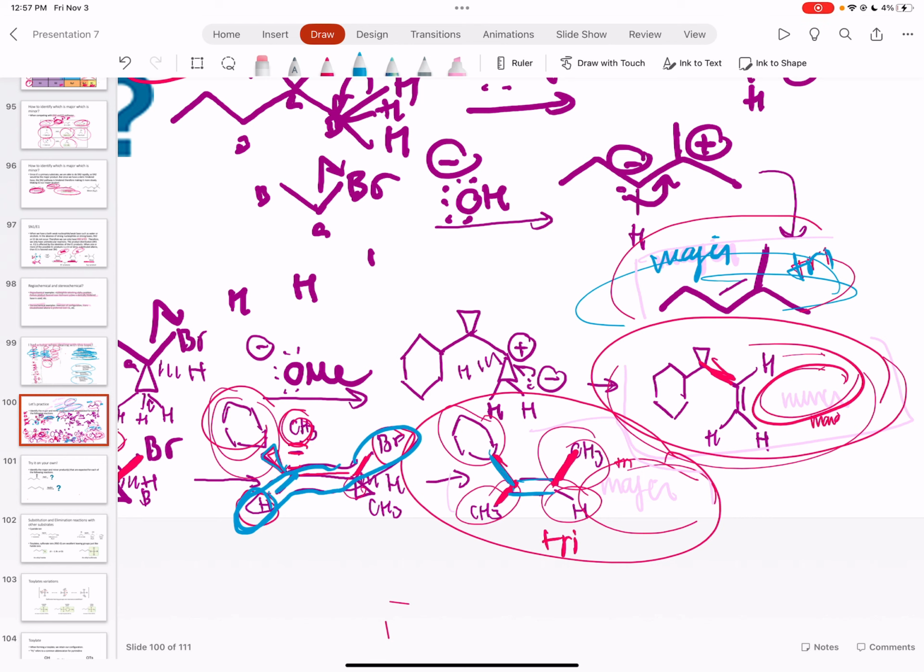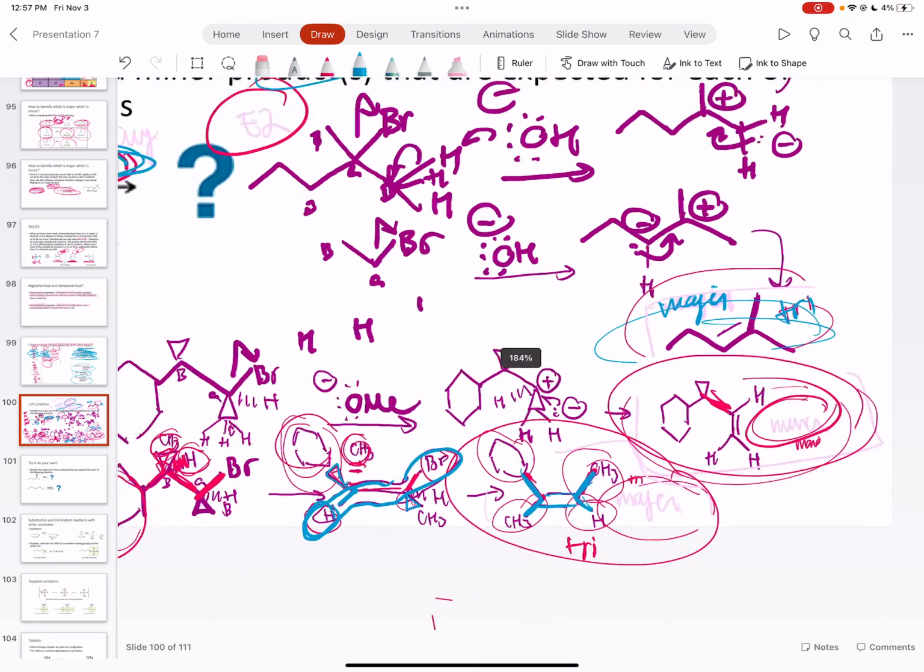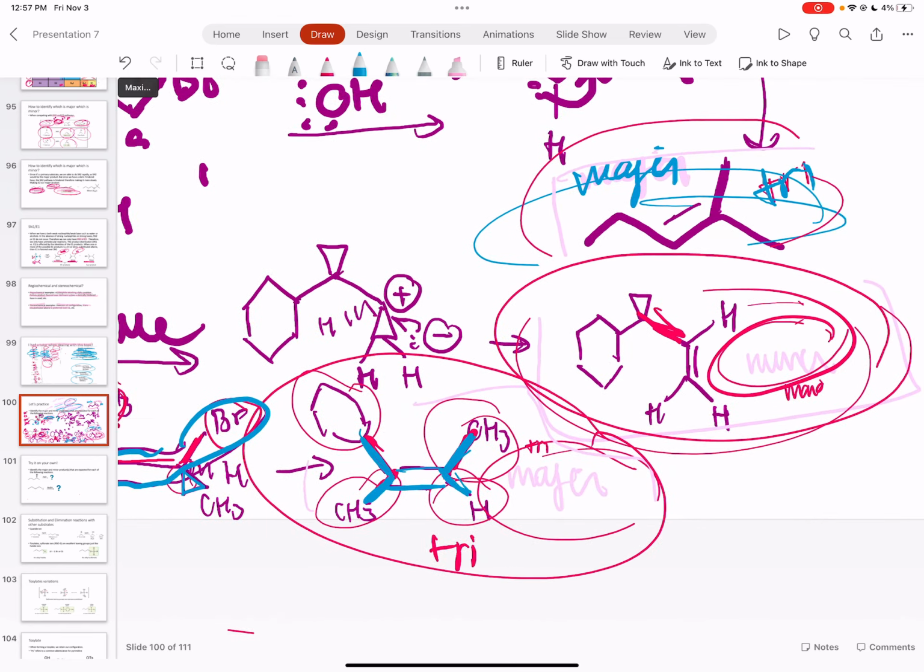And if I look at my other carbon, I have a CH3 on a wedge, so I put it up, and then I have a hydrogen on a dash, and I put it down. So in this case, we didn't really have to look at cis or trans, which is very nice. But if you do, it is really important to master that, whether it's going to go up or down. So remember, when it's on a wedge, it's going to go up. When it's on a dash, it's going to go down.